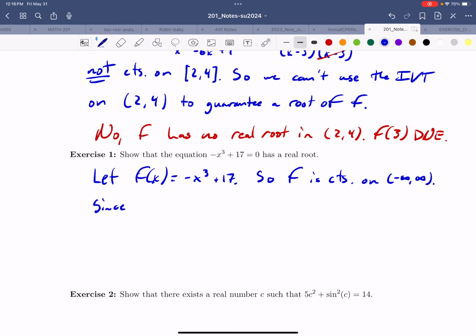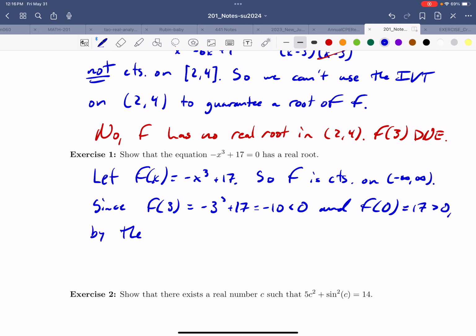So, since f of 3 equals negative 3 cubed plus 17, which equals negative 10, which is less than 0, and f of 0 equals 17, which is greater than 0, by the intermediate value theorem, there's some c in the interval 0 to 3 such that f of c equals 0. So f does contain a real root, right?